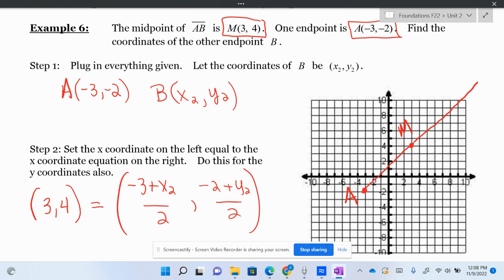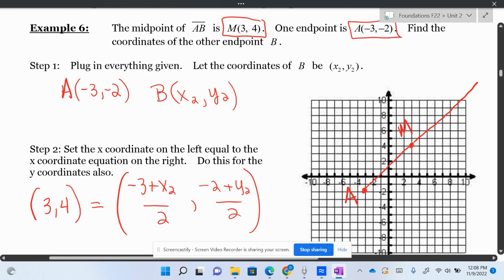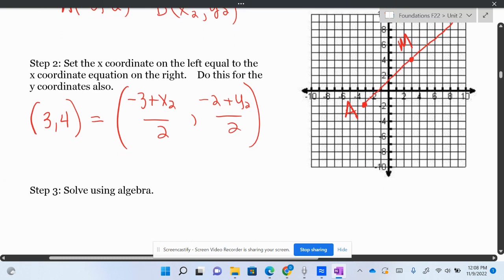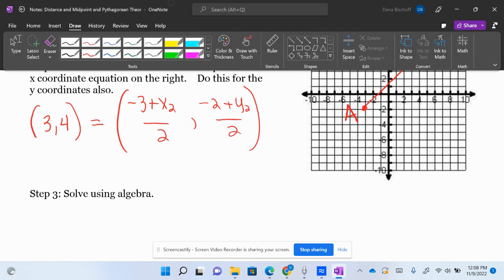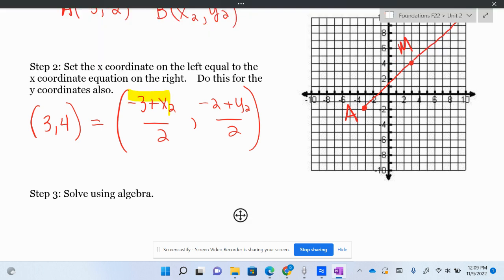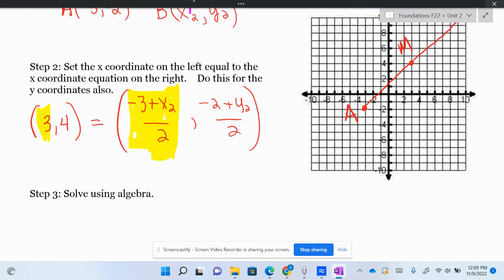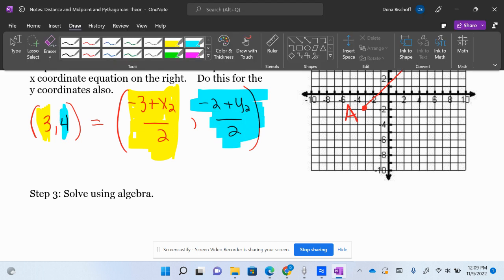Okay. So those fractions are going to go away instantly. Look, they aren't even real fractions. So let's look at this. I know that this has to be equal to 3. And I know that this right here has to be equal to 4, because when I add those two together, I would get the X coordinate or the Y coordinate.